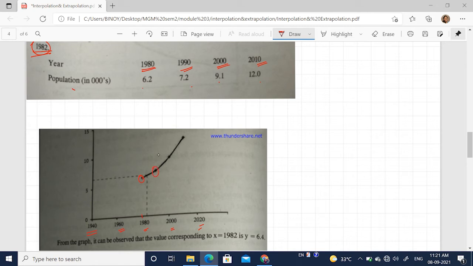In 2000, it is 9.1. And the third one, 2010, it is somewhat 12. So we have plotted all the points, and we draw a suitable curve joining all the points.